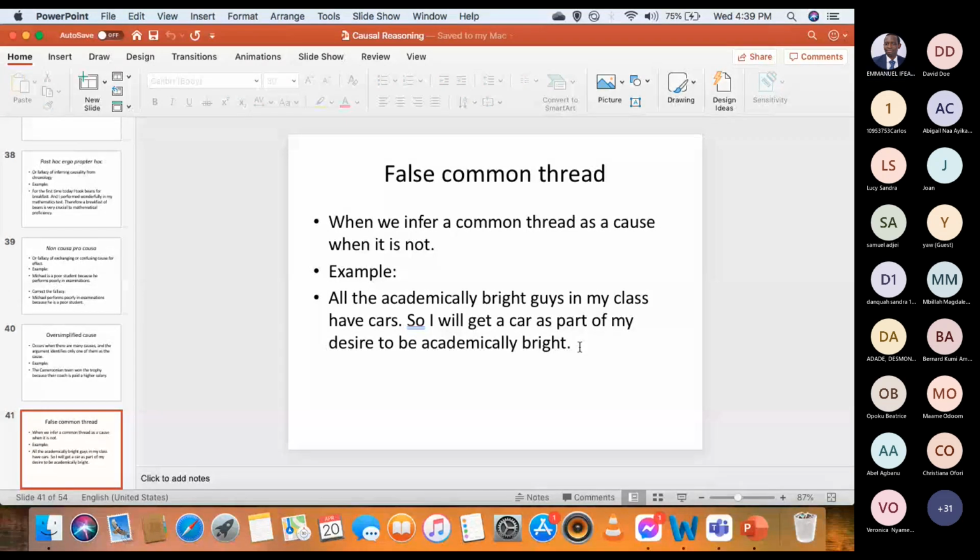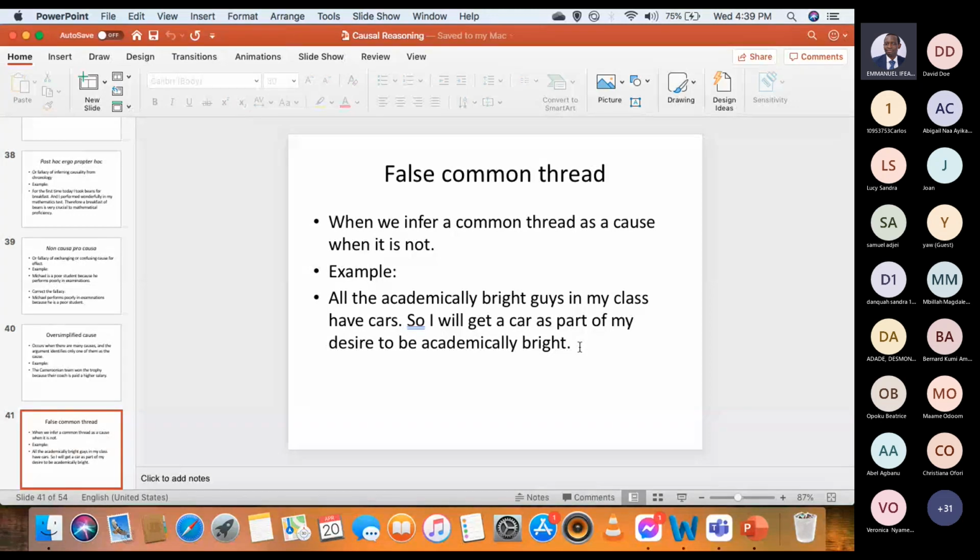Well, what this fallacy is saying is that you need to investigate more to confirm that the car they have is contributing to their academic brightness.